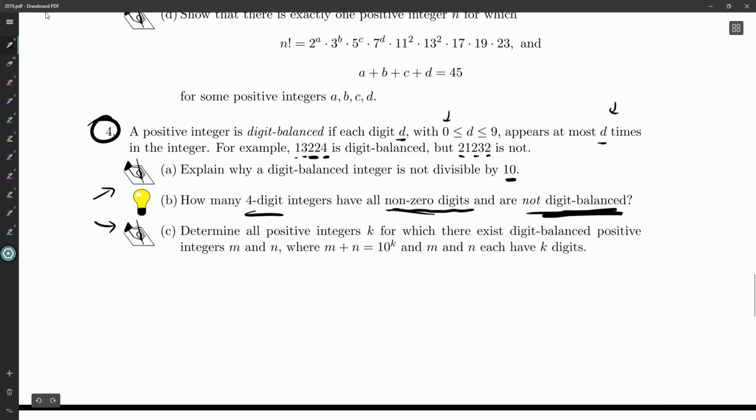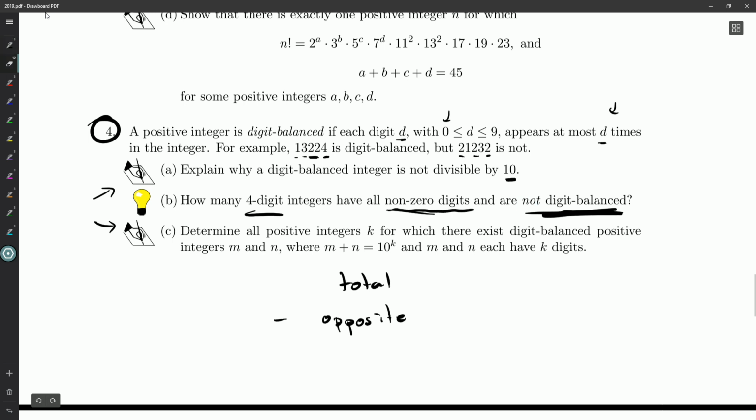I think I'll probably start out trying to directly compute the number that are not digit balanced. But if that turns out to have too many cases, too difficult, it's hard for me to wrap my head around exactly how to count it, I might try the other approach, which is total number of 4-digit numbers minus not the thing they're asking you for, but the opposite, so the number of actually digit balanced 4-digit numbers.